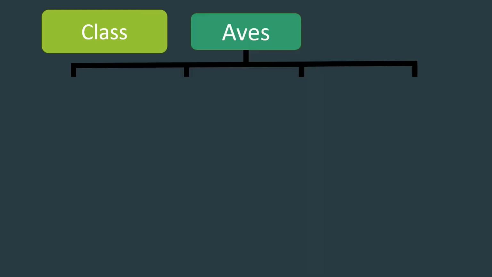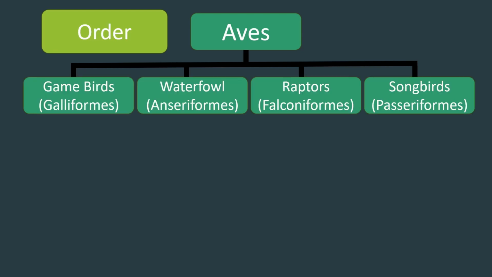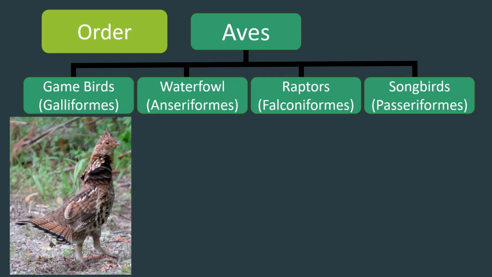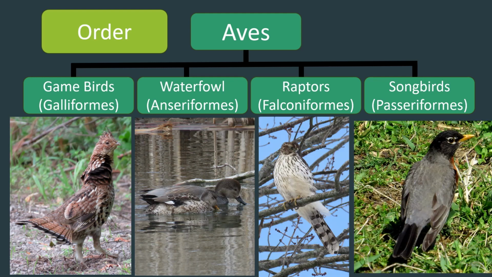It's just that it's given a fancy title, right? So orders are going to be something like game birds, waterfowl, raptors, songbirds, larger groups like that. I'm sure many of you could come up with other ones of these that are larger groups of birds that have smaller groups within them, and that's what order is.